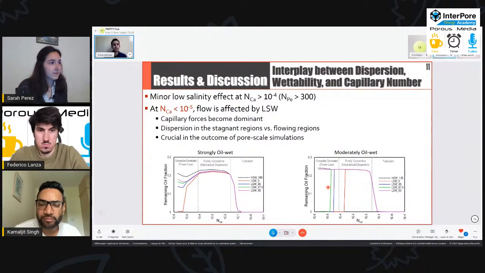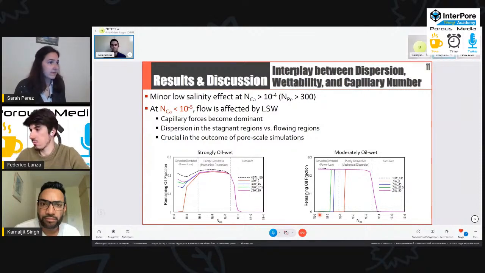Capillary number shows how fast flow is happening in our system, and inside the reservoirs, capillary number is as low as 10 to the power of minus 6 or minus 7. But numerical studies are being done at much higher capillary numbers, 10 to the power of minus 4 or 5, which is much higher than the reality in the reservoirs, and we cannot really go further down because of computational time issues.